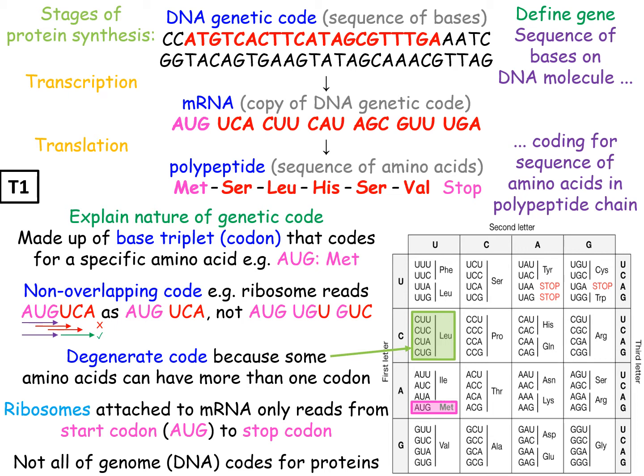If the ribosome reads from the start codon to the stop codon, the DNA or RNA before the start codon, and the same after the stop codon, all those bases are non-coding. They do not code for an amino acid.